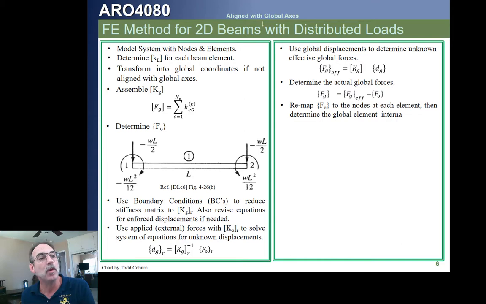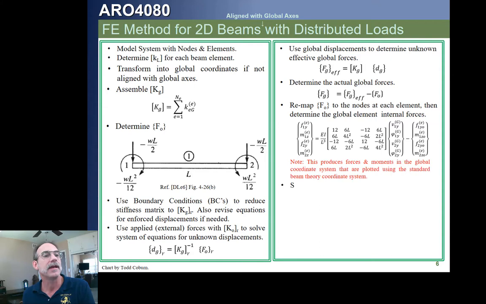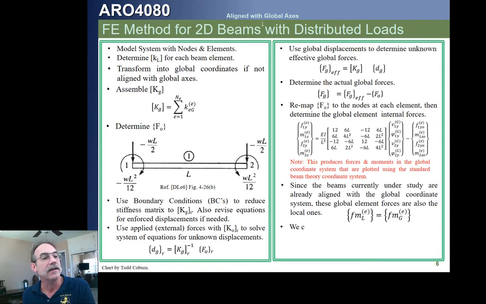We then will remap FO to each and every element, and we can now use the global displacements times the global element stiffness matrix to calculate the global element forces once we've subtracted out whichever parts of FO were at the two end nodes of that element. Okay? All right. And since in this particular case our beam element is aligned with our global stiffness matrix, we don't have any transformations to do later.